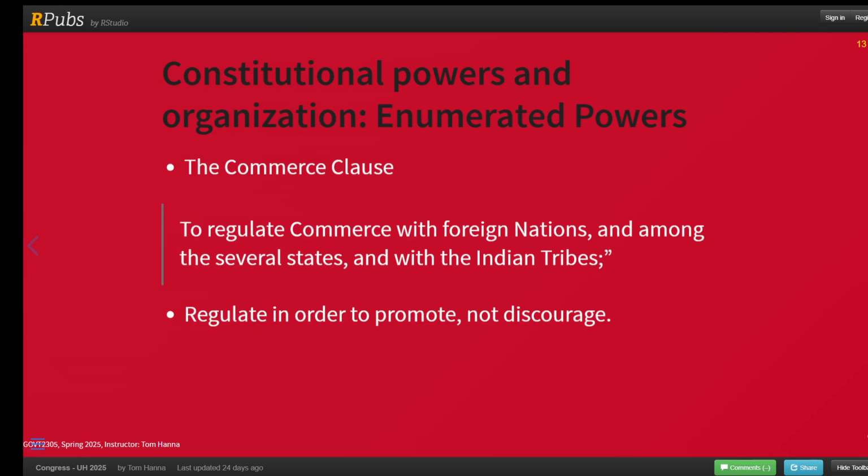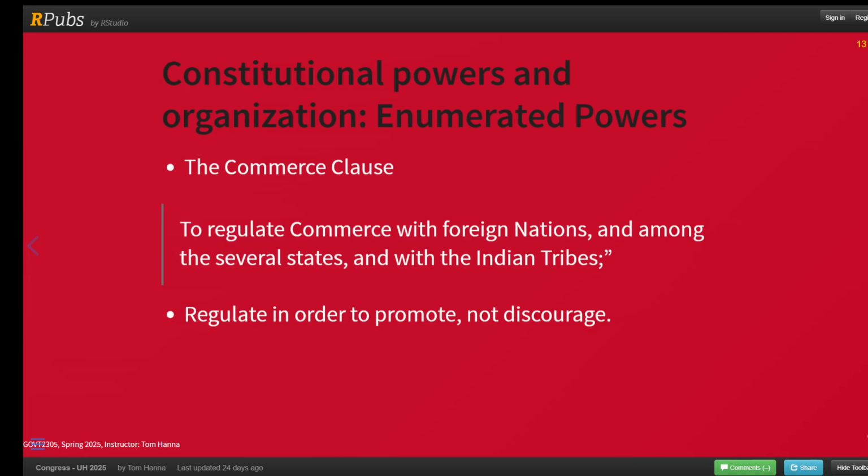So New York could pass laws that would make it hard for businesses from Virginia to sell in New York. And then Massachusetts could pass laws that would make it hard for New York to sell their stuff in Massachusetts. And regulating commerce actually comes from the same root word as to make regular.